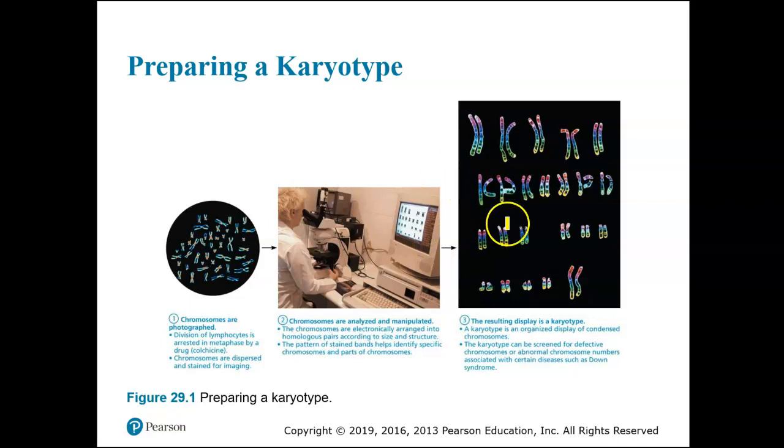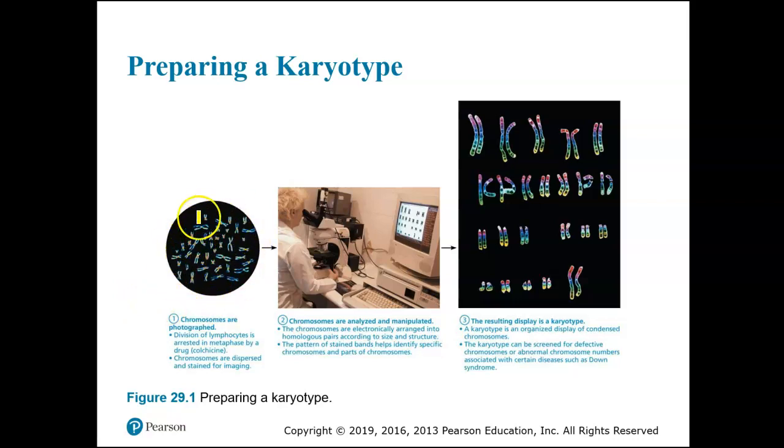This is a picture of a karyotype. Basically, what happens is to prepare a karyotype, it's all done with technology, but partly you have to have a microscope and you have to be able to visualize all the chromosomes in somebody's cell. So normally you can do that in prophase and even metaphase when a cell is in the process of dividing.